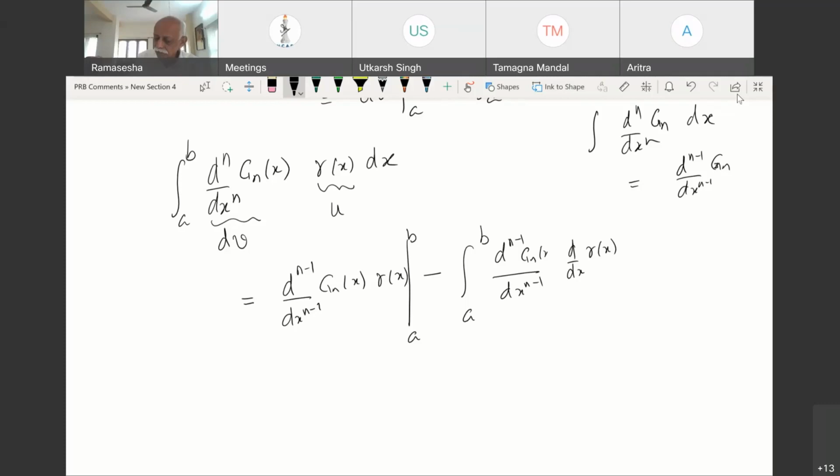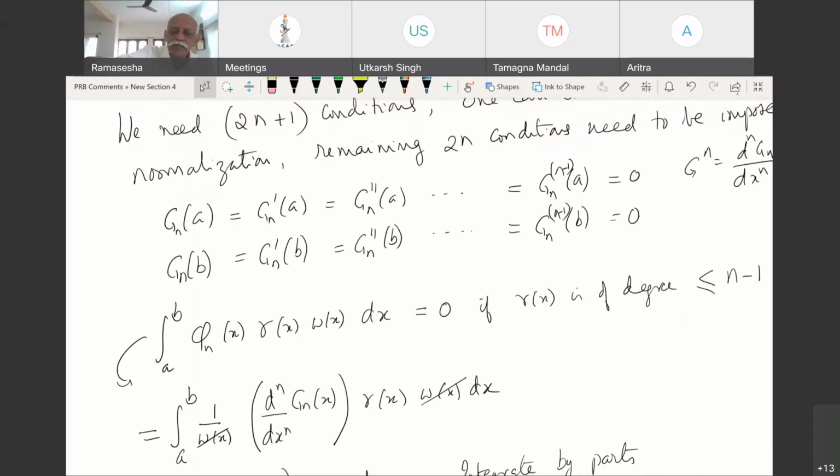Okay, so now I have the condition that d^(n-1) g_n at a equals 0 and at b equals 0, because this is the condition that we have.